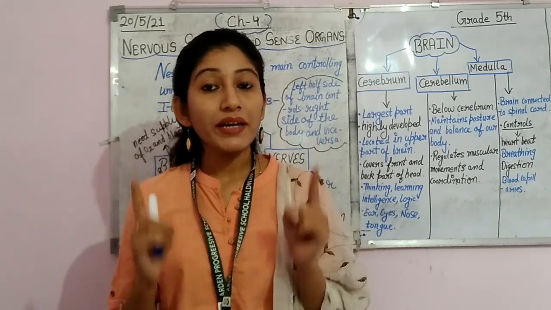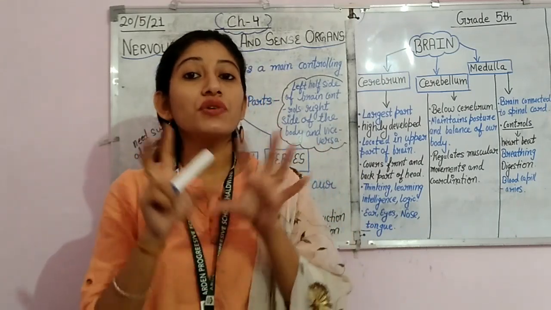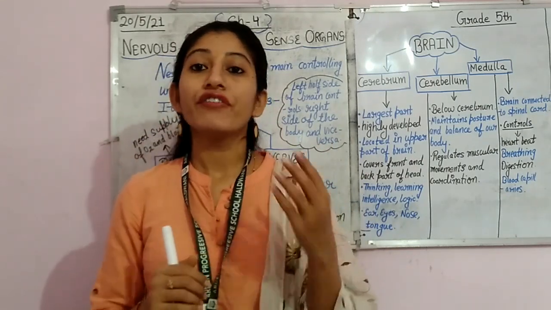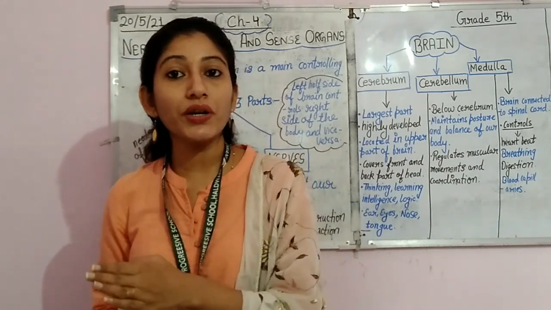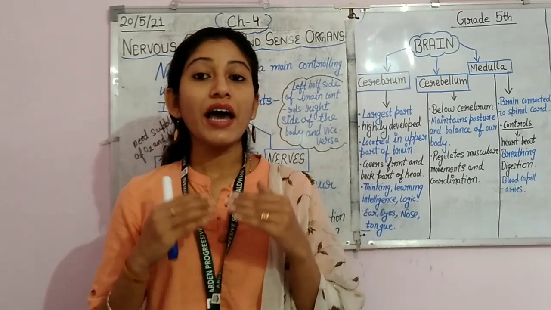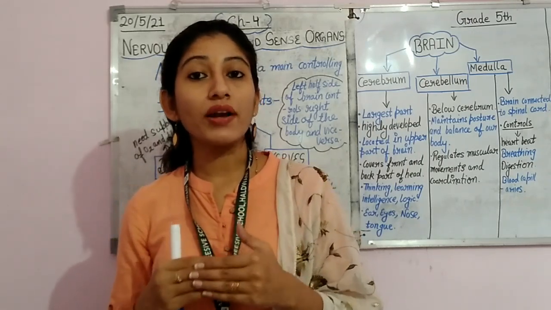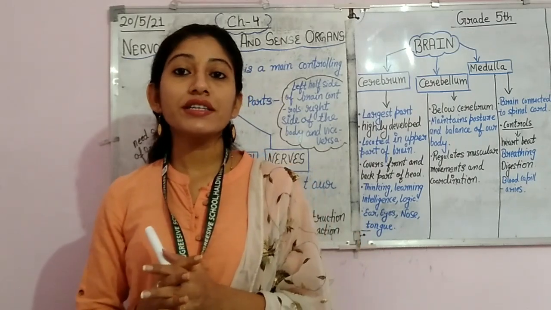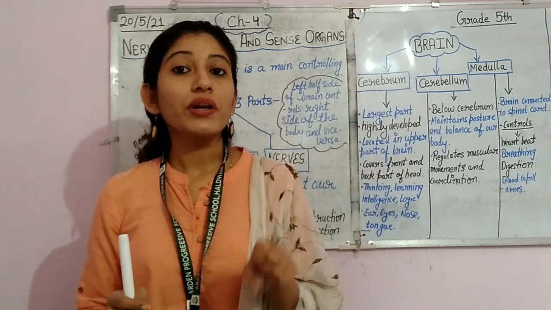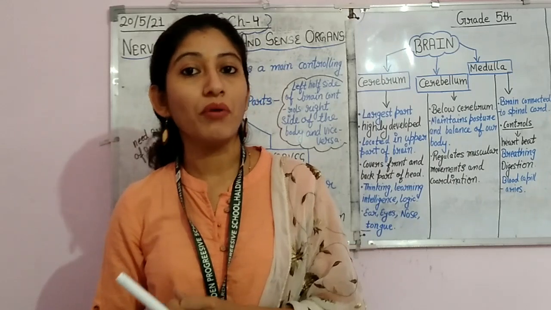This is a complete system which involves so many things for functioning well, and it is the main controlling unit. It means that with the help of the nervous system only, our body is able to function.